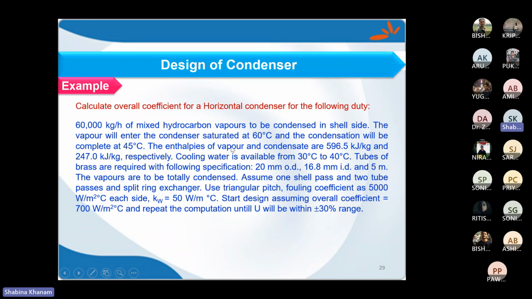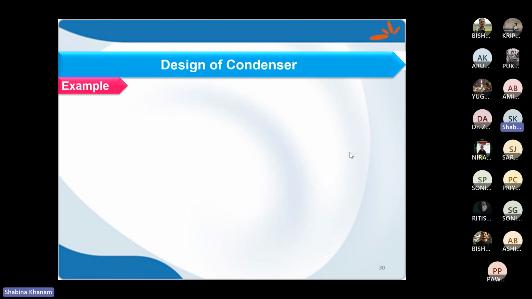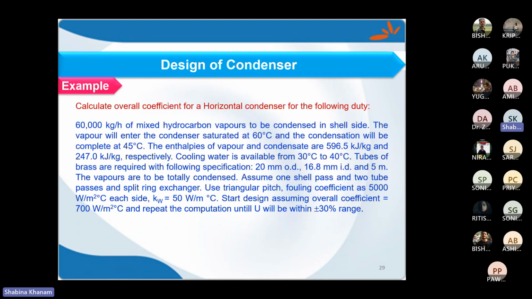And if it is a pure component, pure vapor, then it is only one value. The condensation will be occurring at that one temperature. So in that way you can consider this variation in temperature in the shell side. Enthalpies of vapor and condensate are this and this respectively.